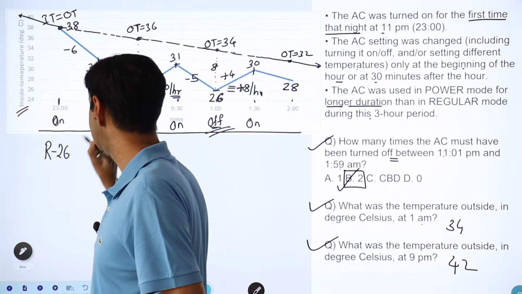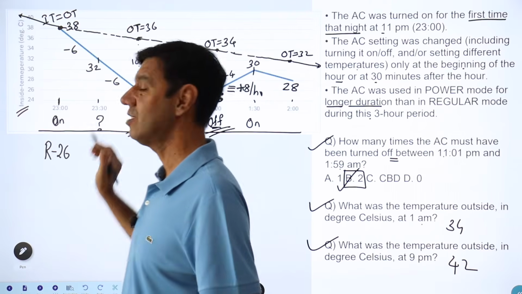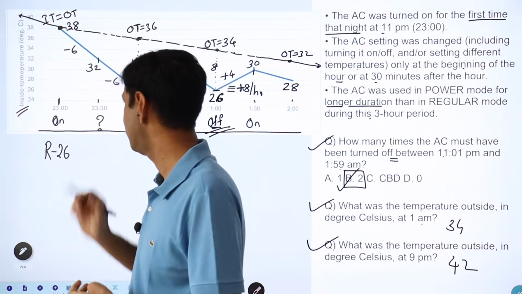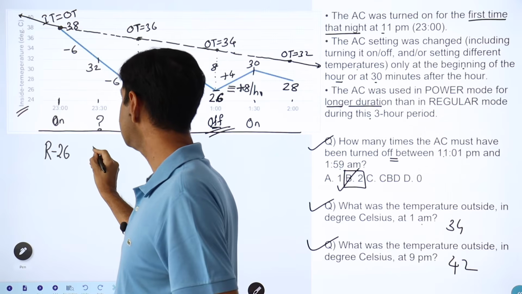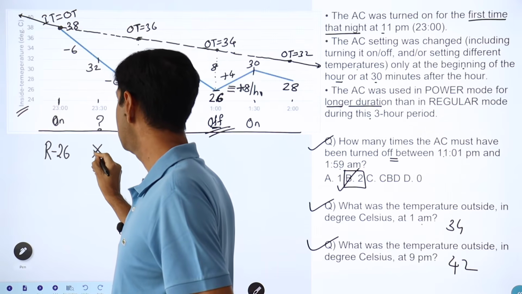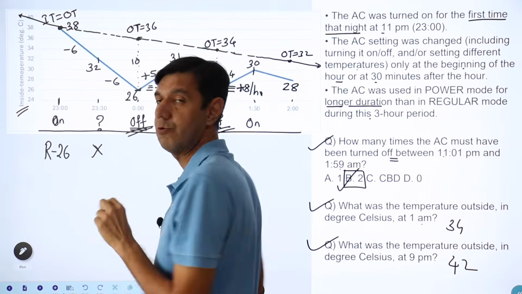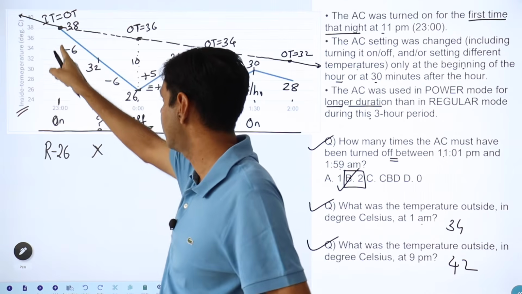I do not know. This is the only mystery in this whole story, and that is what this question is based upon, the one that we have left. Yeah, what are you doing at 11:30? Now if this is being set up, then nothing is being done here, no? The temperature is 38, I set it to 26, it calculates a drop of 12, so 6 every half an hour it drops.